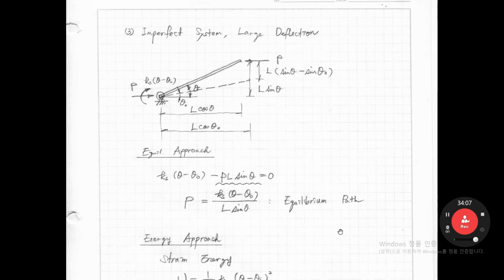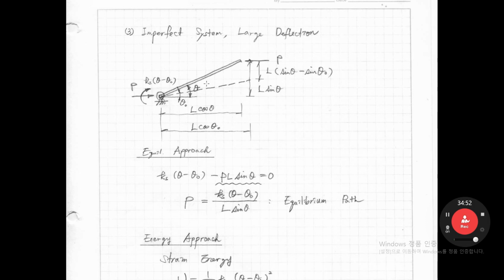Last one is we assume the imperfect system and large deflection. Imperfect means before applying the load, this system has some original deformation, theta 0. And then we apply the loading here, P, and it deforms up to theta like that. After the loading is applied, this system deforms, rotating from here to here.